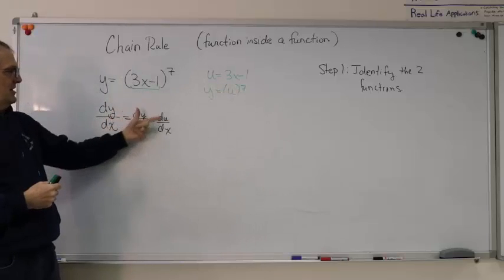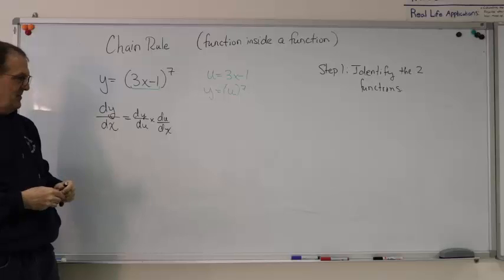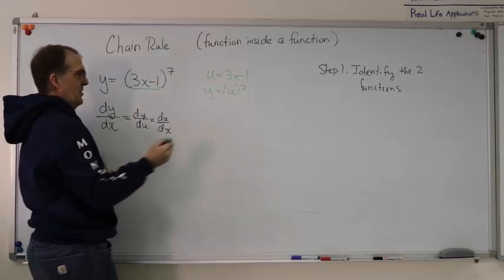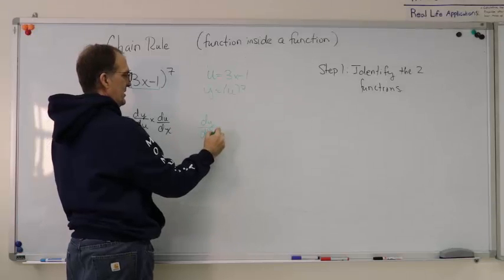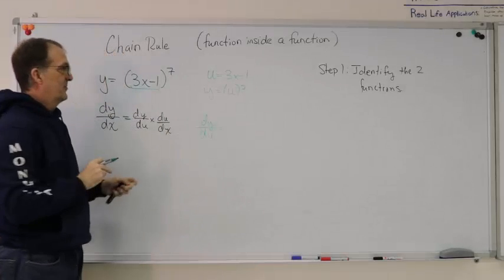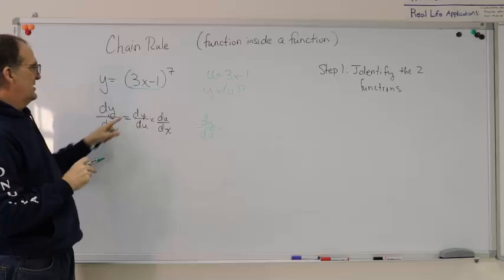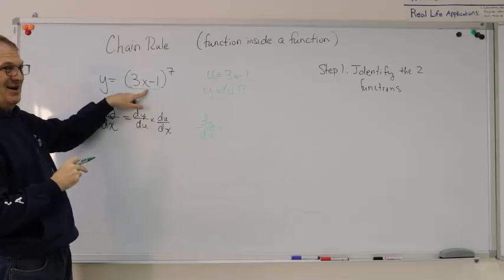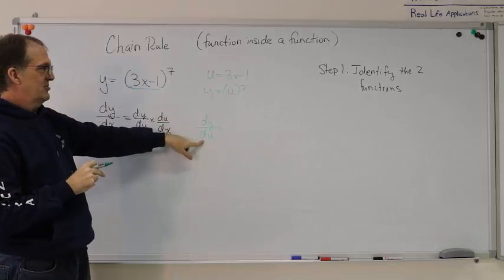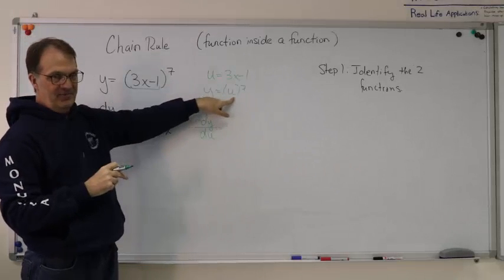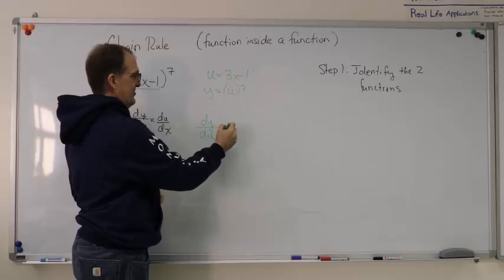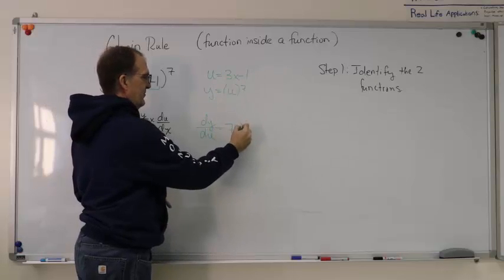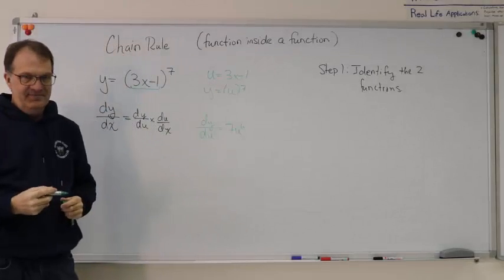So what does my formula say? What is the derivative of y with respect to u? Dy/dx is because we had the variable x; I'm now saying dy/du because we now have the variable u. And this is nice: 7u to the 6th.